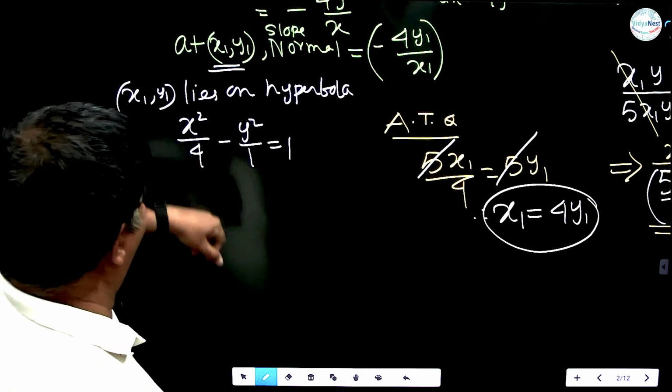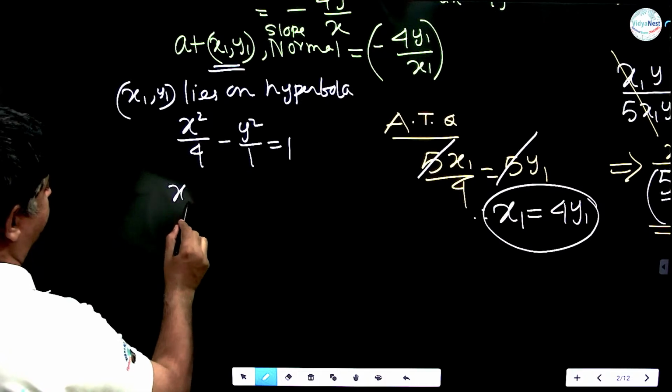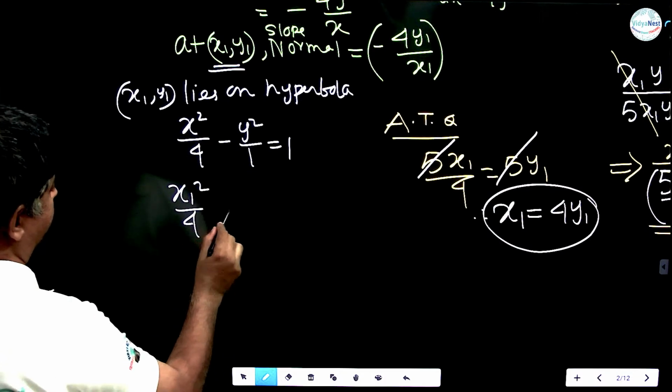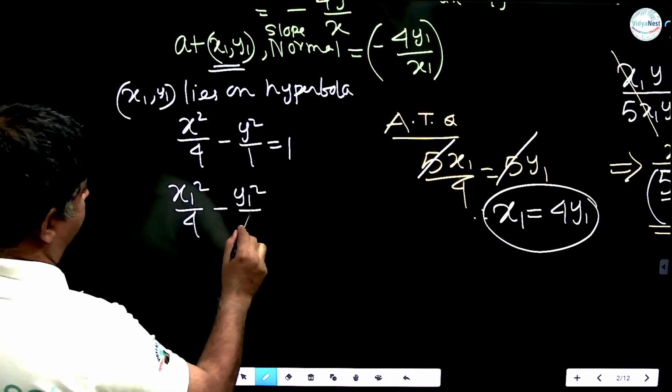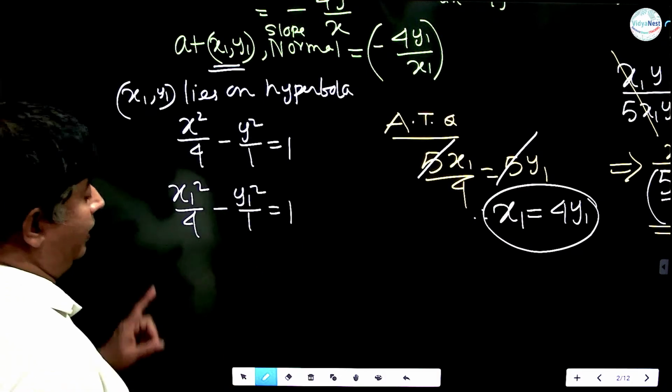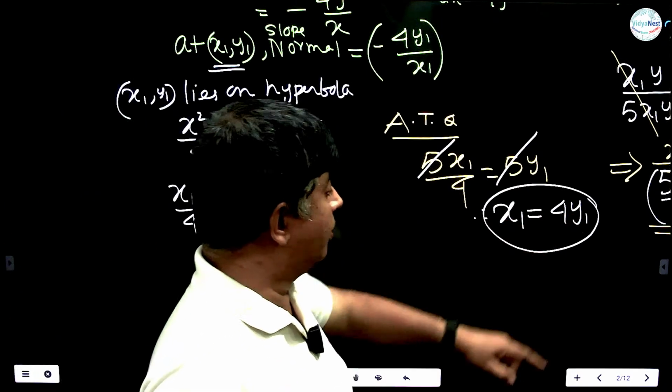So x1, y1 will satisfy the equation. x1 is what? 4y1.